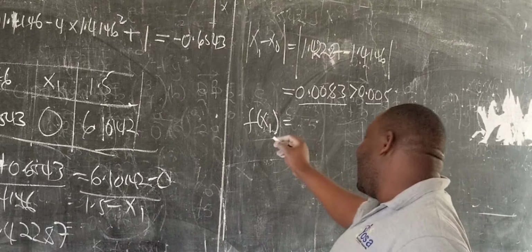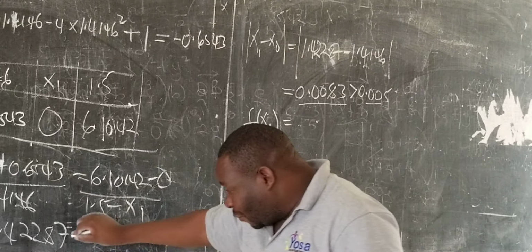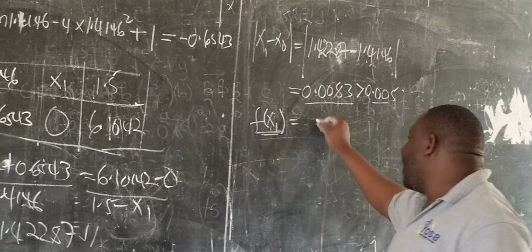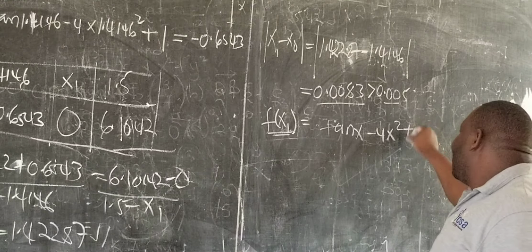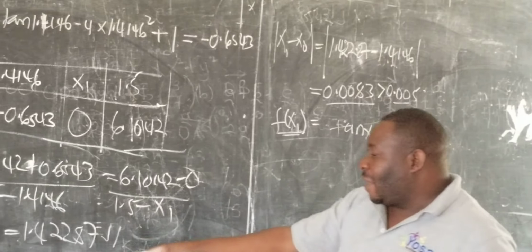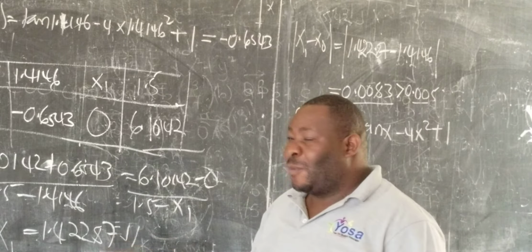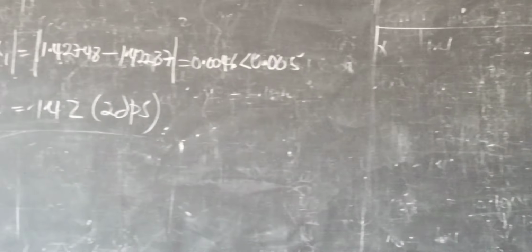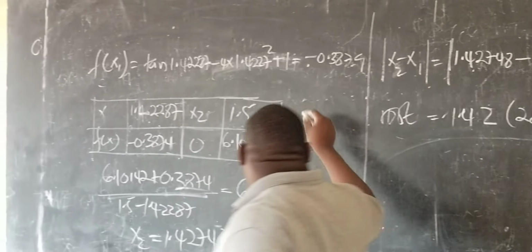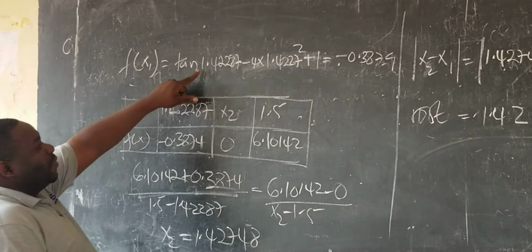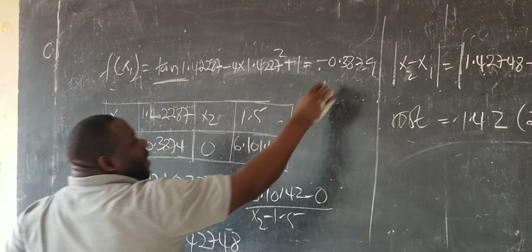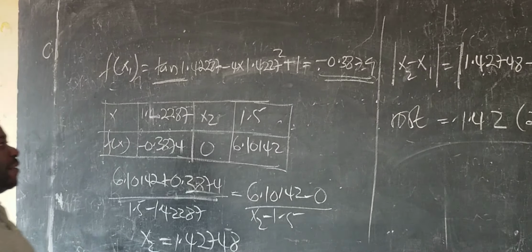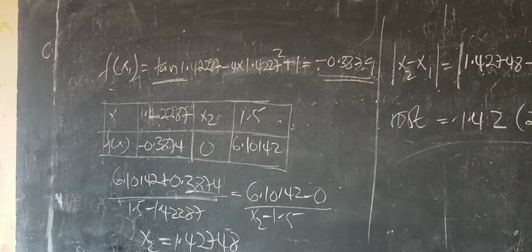We take this value of the x1 and substitute it in our equation, which is tan x minus 4x squared plus 1. When we substitute in the value of x1, make sure that the calculator is in radians, then it's tan here, the value which you come up with is negative 0.379.